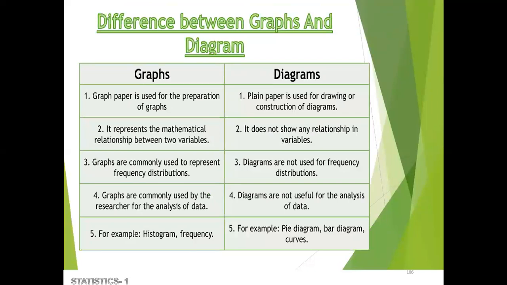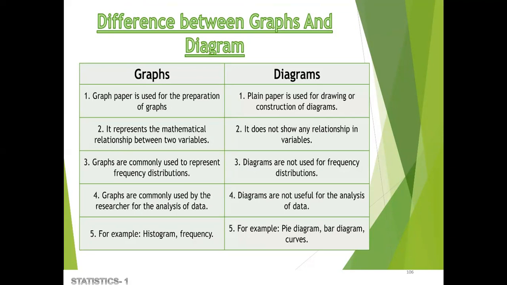Then what is the difference between a graph and a diagram? Many times this question comes: differentiate between graph and diagram. Graphs are drawn on graph paper or graph sheet, whereas plain paper is used for drawing and constructing diagrams.